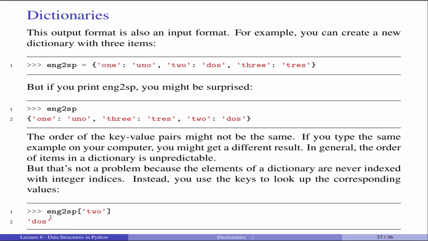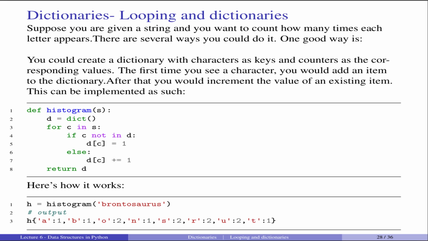So for example, আমি যদি into sp2 যে কিটা আছে সেই কিটাকে আমি যদি স্পেসিফাই করি তাহলে it will give me the value for that specific key. So in this case it will give me the value for the key 2, which is dos, okay, which is the Spanish of 2.